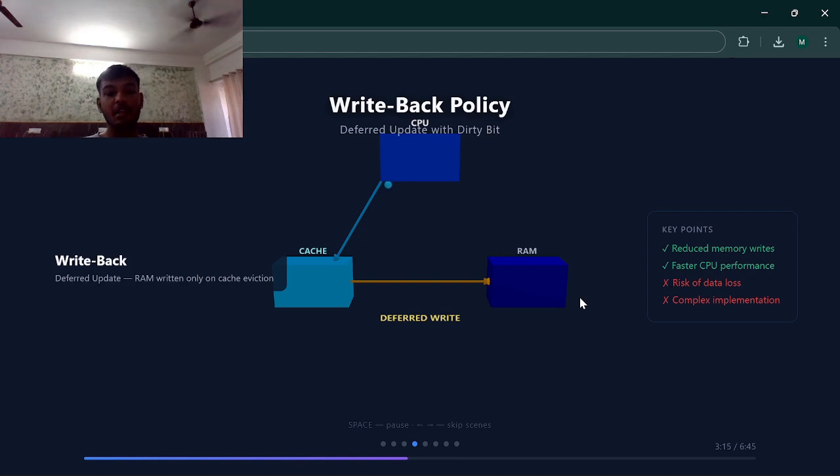This reduces the memory writes and improves the speed. But there is a risk: if the system crashes before writing back, the data may be lost. So the conclusion is that write back is fast but more complex and slightly risky. It reduces memory writes and gives faster CPU performance, but has a risk of data loss and complex implementation.